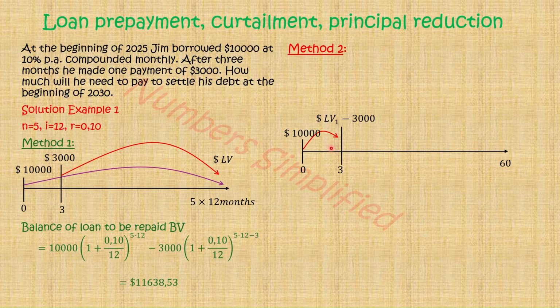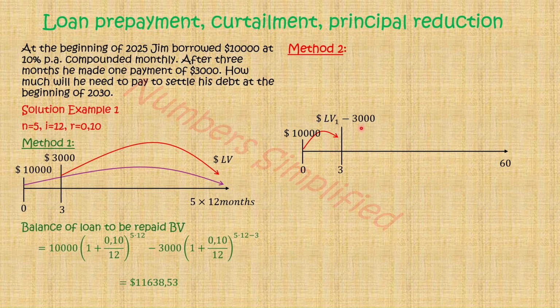So with the 3 months, we know that the loan would have accumulated some interest in the 3 months. So we are going to get the value of that particular loan in 3 months, then subtract the payment that was made. That is basically what we are talking about.